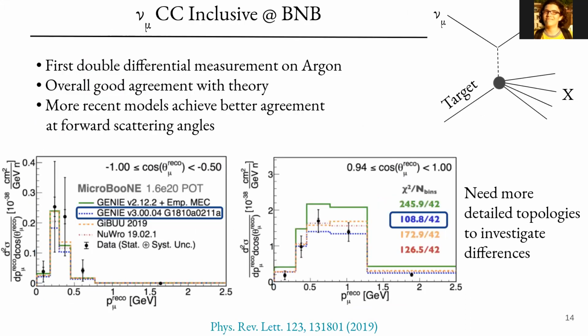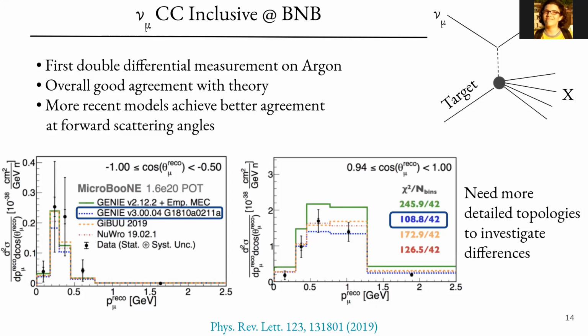We played exactly the same inclusive game, but in this case using muon neutrinos and the BNB beam line, but in this case we took the discussion one step further and we performed the first double differential measurement on argon. The results that have been included at the bottom of this slide show the double differential cross-sections for muon kinematics as a function of the muon momentum, for backward scattering angles on the left, and for forward scattering on the right.